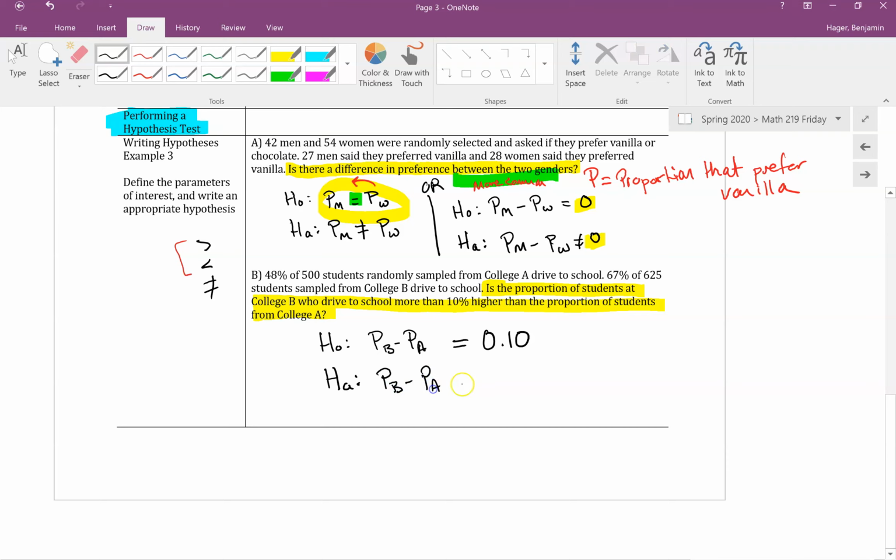Now, again, this is one place you've got to be very careful. So there's higher than 10%. What if instead I had put college A first minus college B? All right, the null would be that there's a 10% difference.